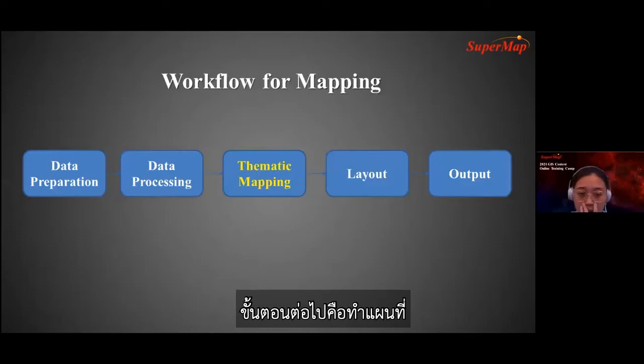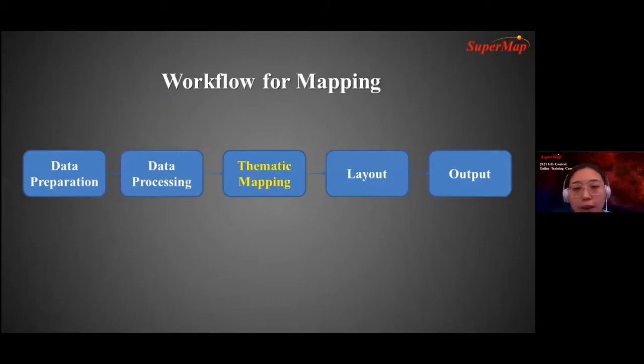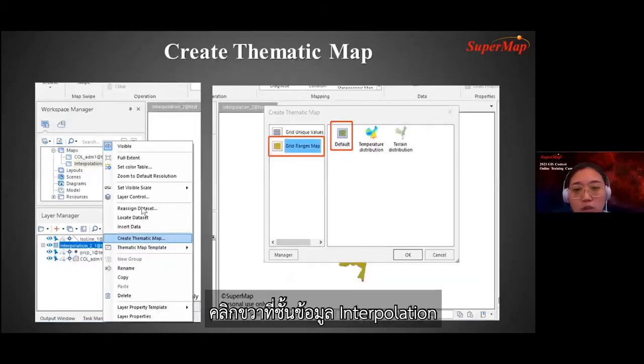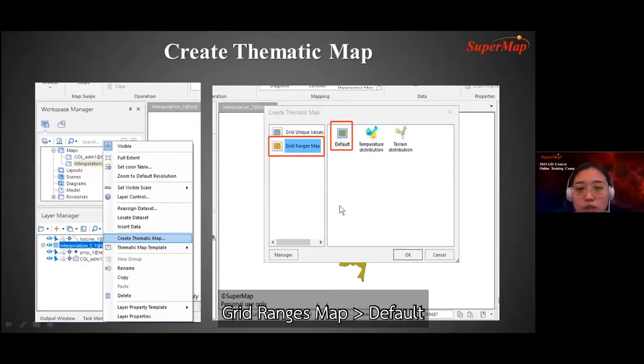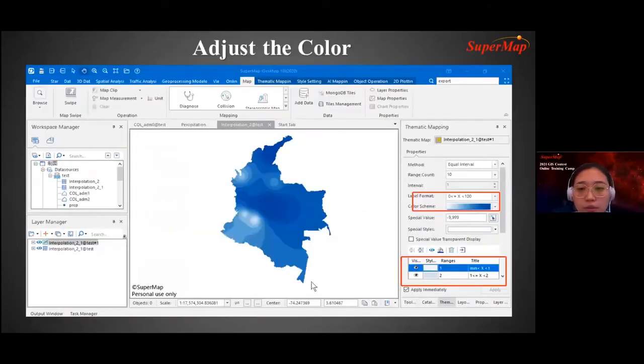And then we make the thematic map. So we right-click the interpolation result and choose create thematic map as usual and choose the default. After we got the thematic map, we can adjust the color based on what we need.